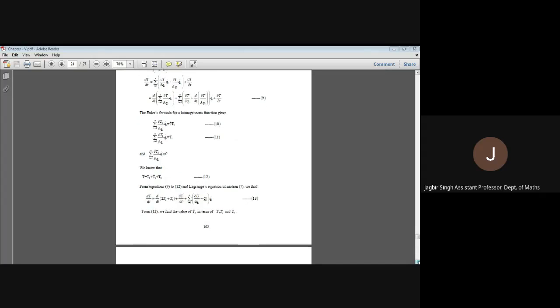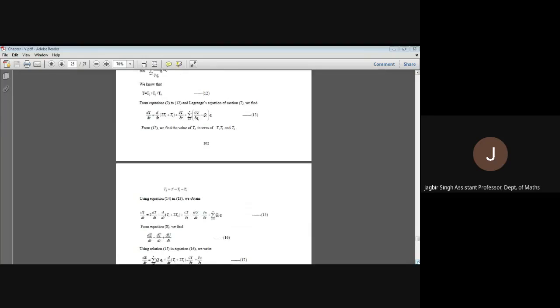What will we obtain? It will be dT/dt equal to 2 times dT/dt plus d/dt of T1 plus 2T0 plus dT/dt. In equation number 13, we have the summation i from 1 to n of ∂U/∂qi into qi dot. We replaced this term with dU/dt.